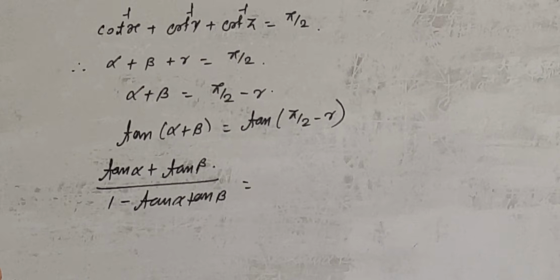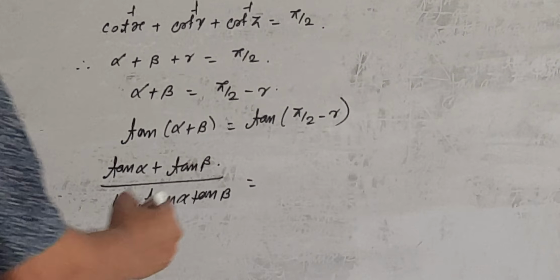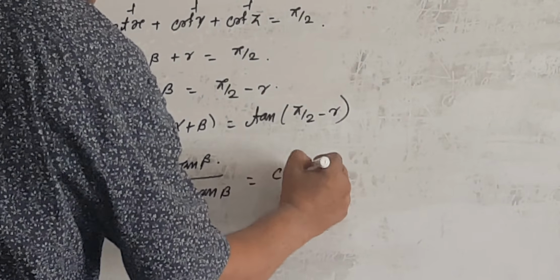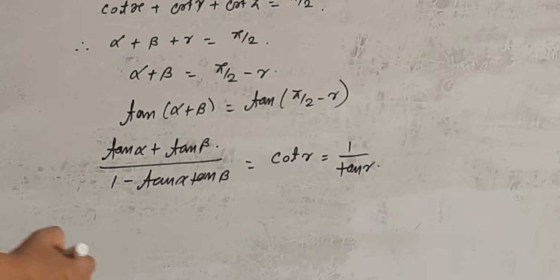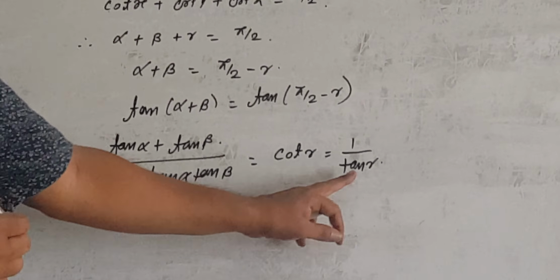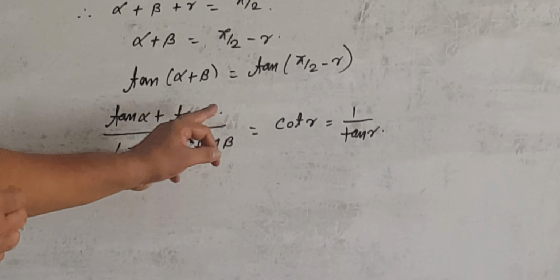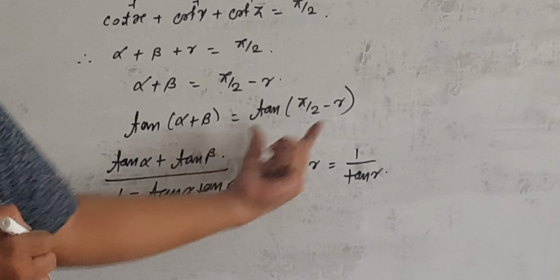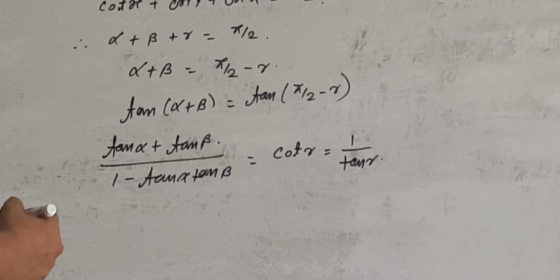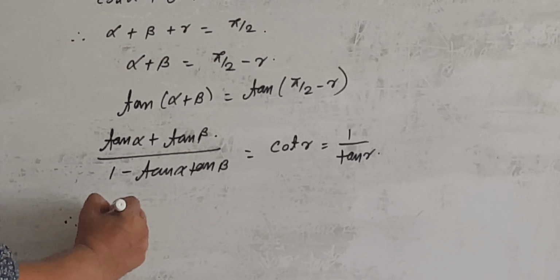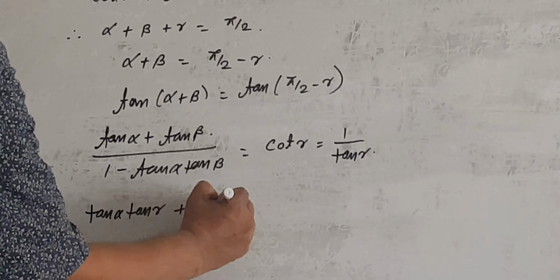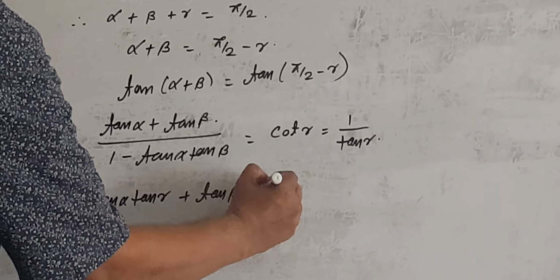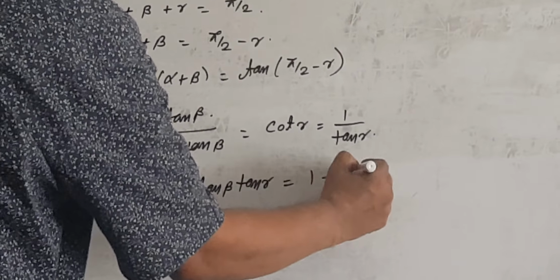Now tan of pi by 2 minus gamma becomes cot gamma. That also can I say 1 upon tan gamma. If I cross multiply, this tan gamma we multiply to the numerator, and the denominator we take to that side. Therefore tan alpha tan gamma plus tan beta tan gamma is equal to 1 minus tan alpha tan beta.